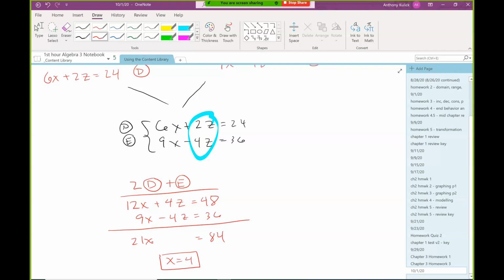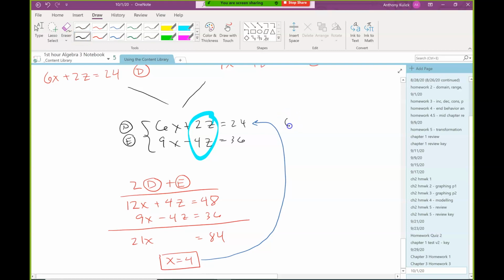So far, so good? What am I going to do with x equals 4? I'm going to plug that back into either of the two variable equations. So I'm going to plug it into either equation D or equation E. It doesn't matter which one. I'm going to choose to plug it back into equation D because the numbers in equation D are a little bit smaller.